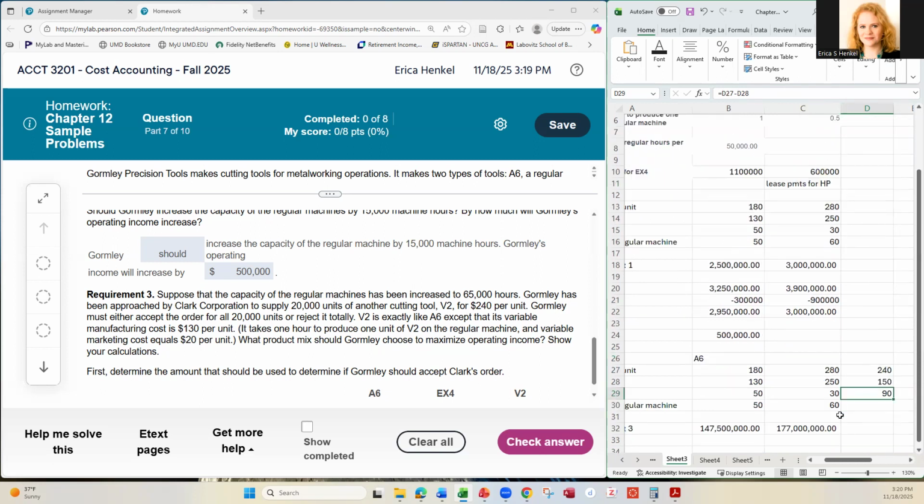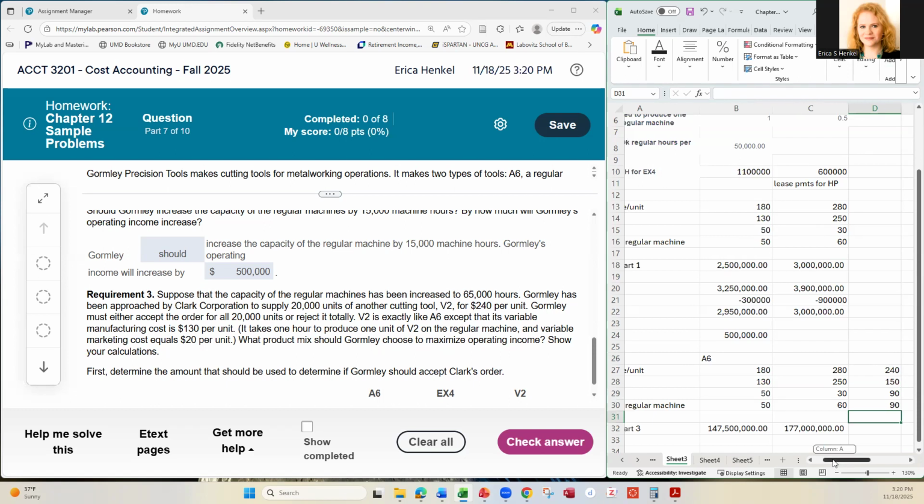All right, so then looking at that, and we can make 1 per hour, I believe. 1 hour to produce 1 unit on the machine. Okay, so again, it'll just be that $90 divided by 1 is going to get us the variable of 90 here.